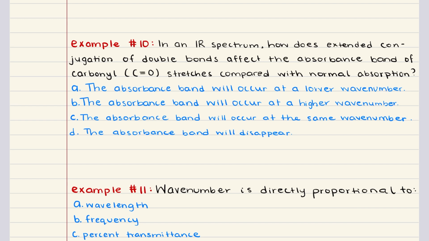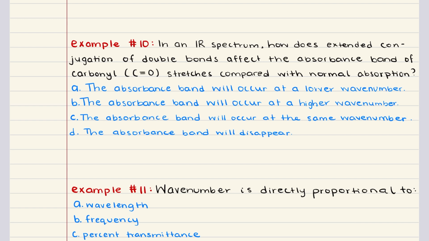Normally, when you see a carbonyl group, like a ketone or an aldehyde, it shows up as a very strong, sharp peak around 1700 wave number. That's the typical wave number for the stretching vibration of a carbon-oxygen double bond. But what happens when the carbonyl is conjugated to a double bond?